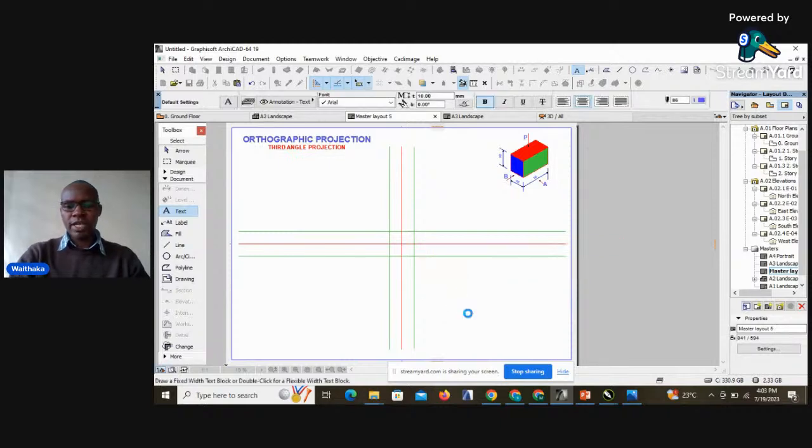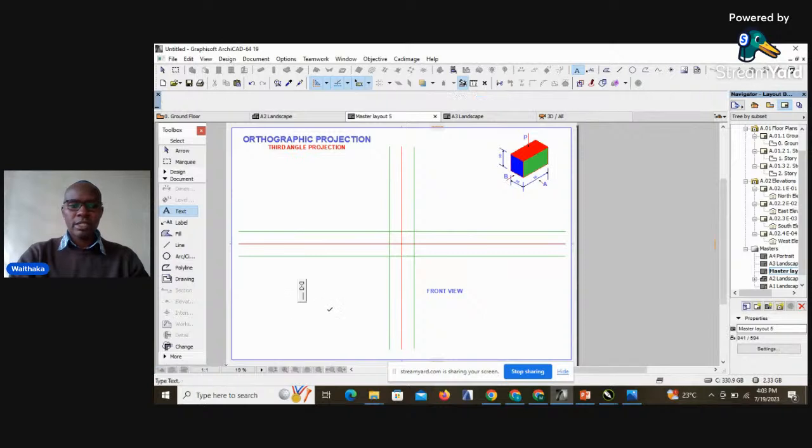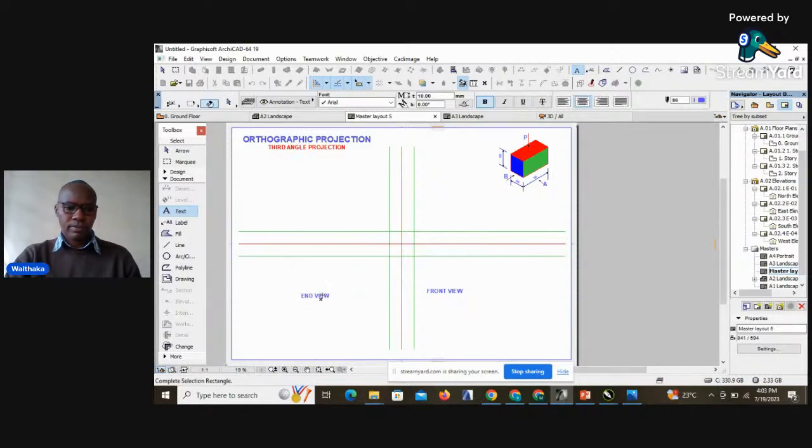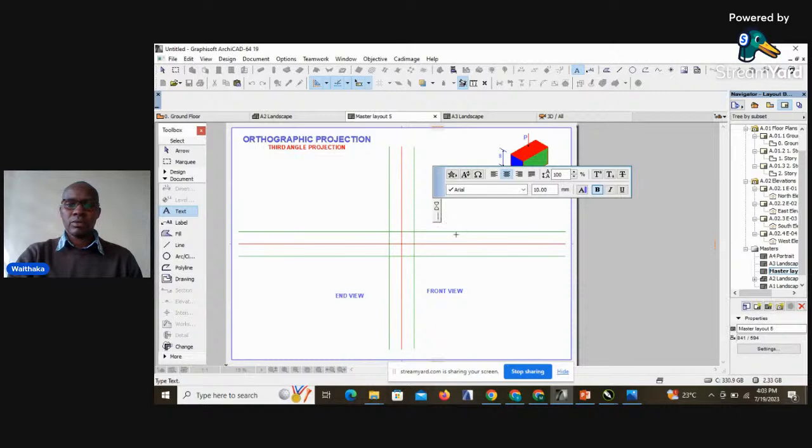Then at this point, we'll have our end view, and then above the front view, we'll have the plan.